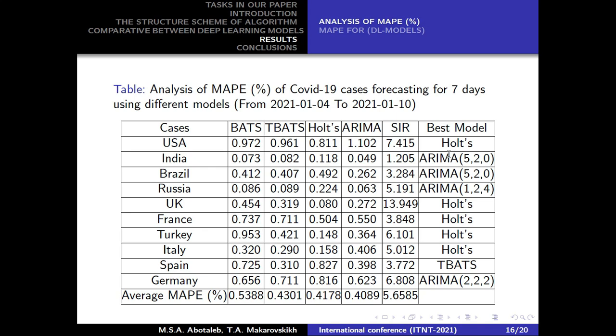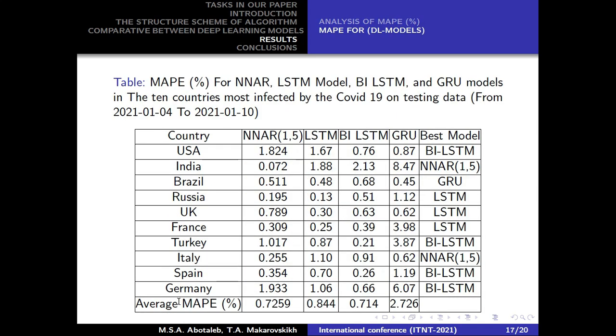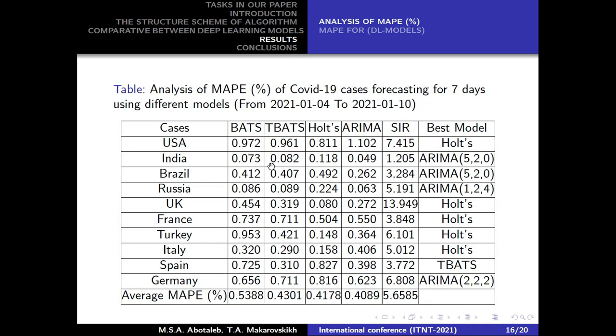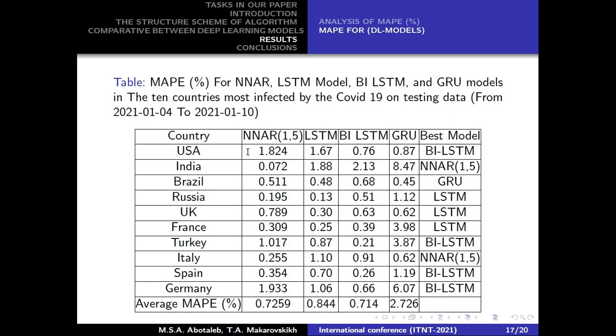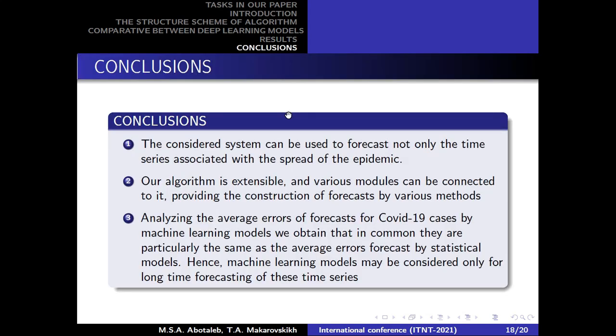So we see here the average mean absolute error percentage, and here this table that describes the mean absolute error percentage for neural network models and machine learning models for testing the last 7 days, and here the average mean absolute percentage error. We noted that using BATS, T-BATS, Holt's, ARIMA models, the error is less than using machine learning and neural network models.